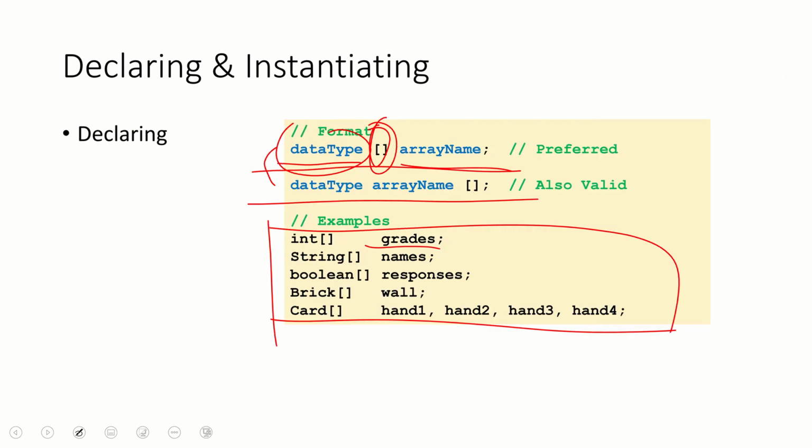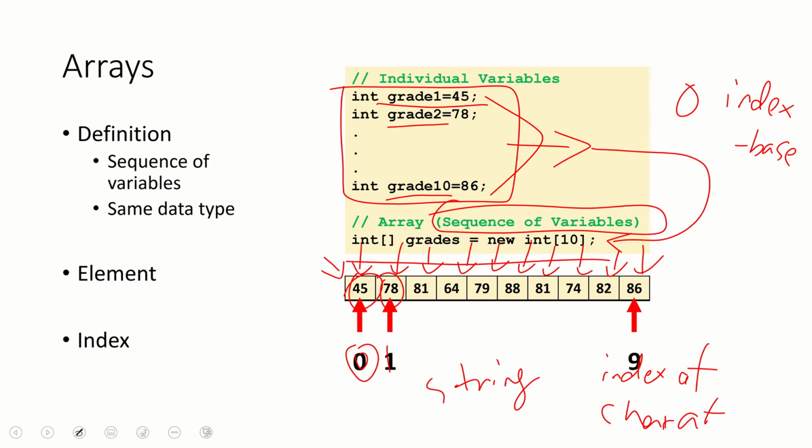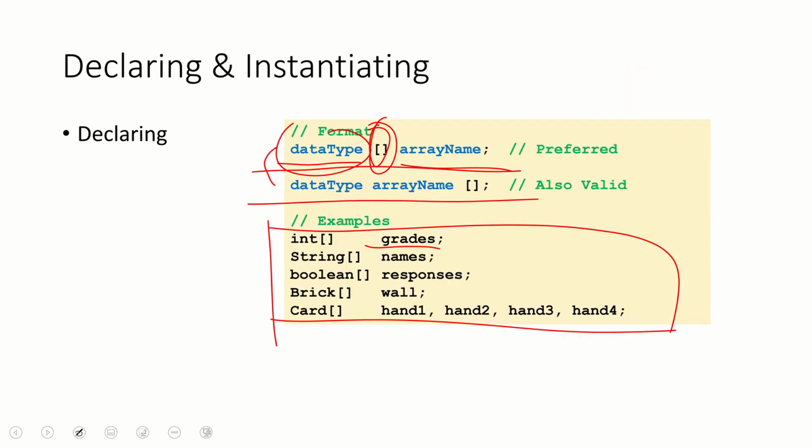What does that mean? Back to this one, it's the same thing. We have the data type, we declare this array, then we give the value 10, which means we can only store 10 ints.